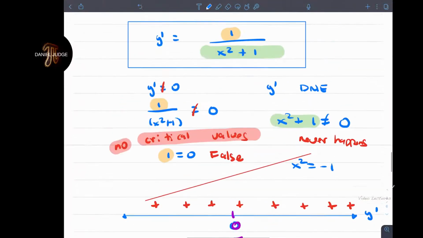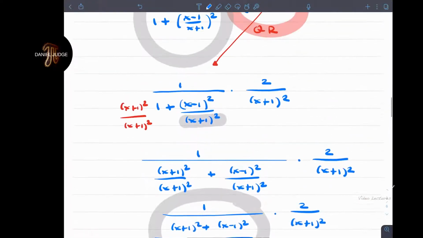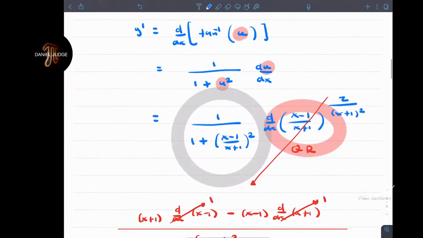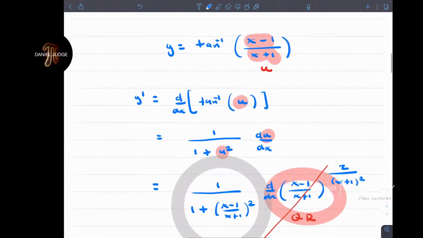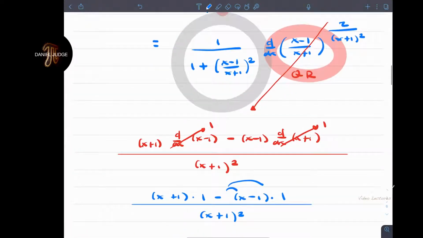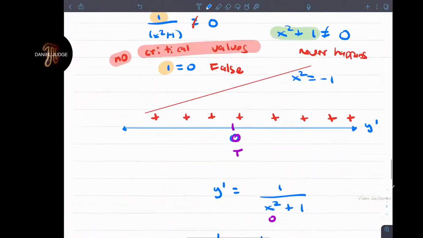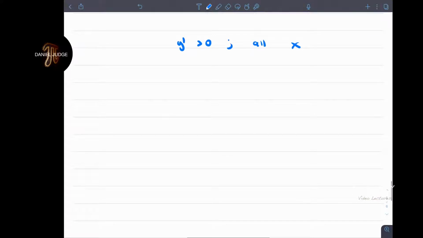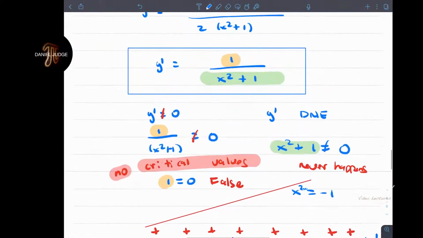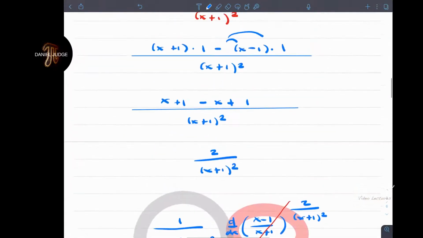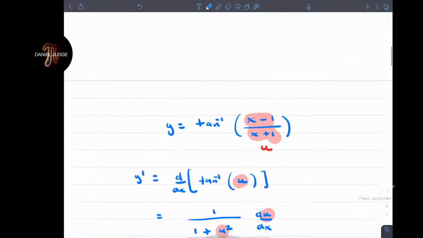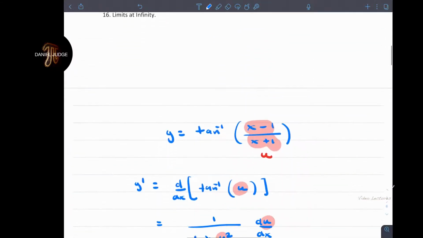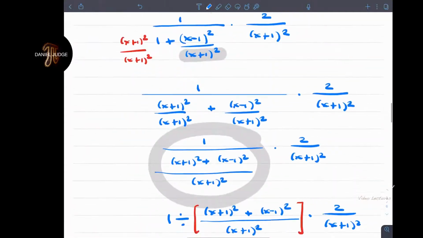Now go back and you say, what do you mean all the x values? This function is an inverse tangent function. Let's write down what this function is. y is inverse tangent of, I believe it was, x minus 1 over x plus 1.